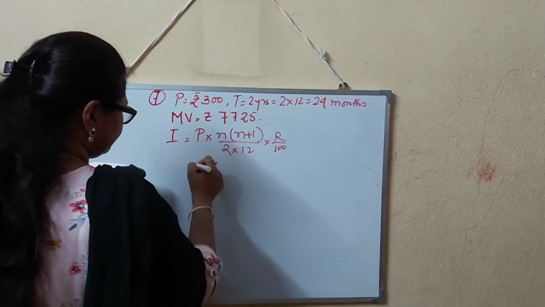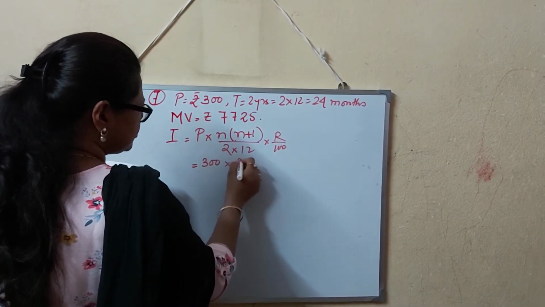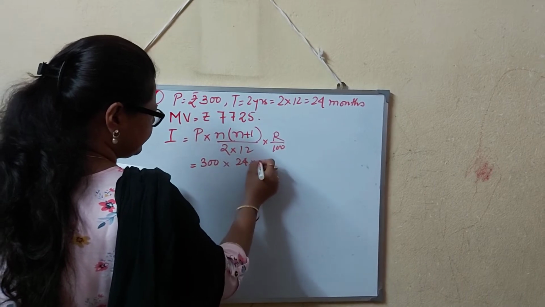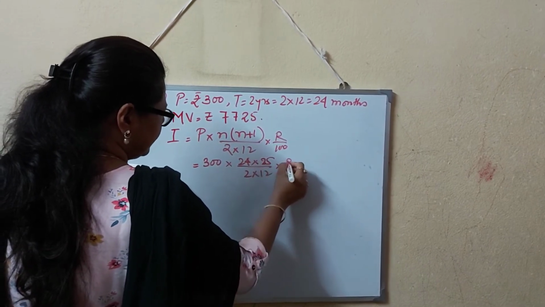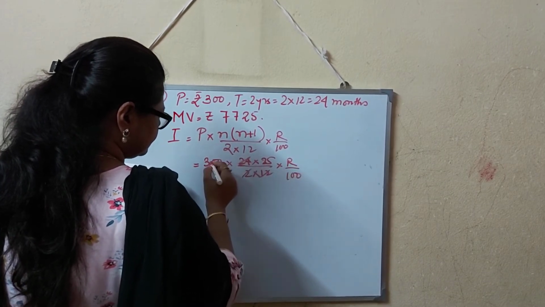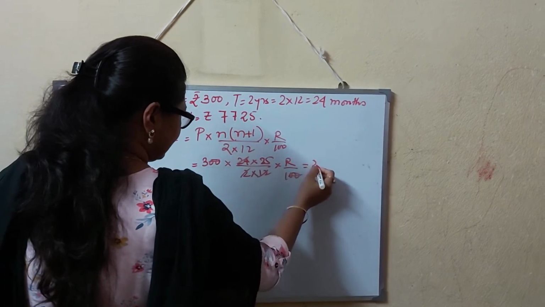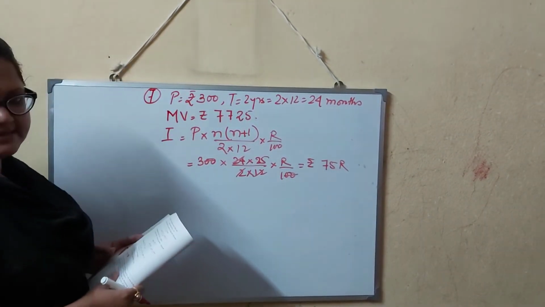So I am putting in the values. 300 into 24 into, I am writing it directly, 25 by 2 into 12 into R, I don't know, by 100. So how much do I have? I have 75 R as the interest.